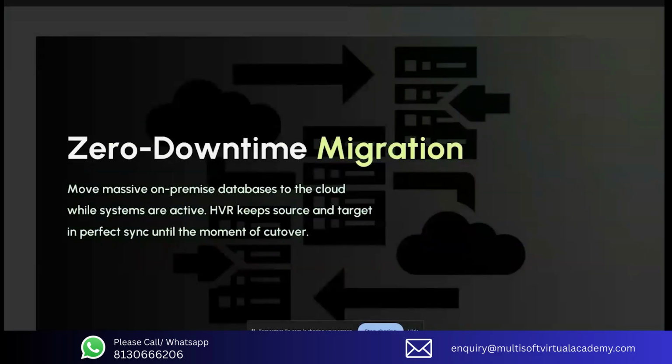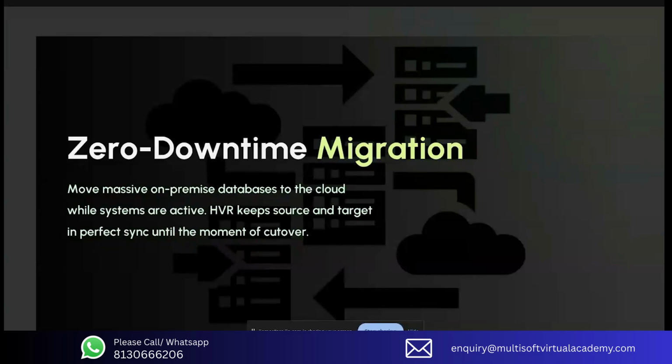Now this is zero downtime migration. What it says is, move massive on-premise databases to the cloud while systems are active, and HVR keeps your source and target in perfect sync until the moment of cutover. Imagine an enterprise is moving their massive on-premise database to a cloud infrastructure. They cannot afford to turn off their systems for, let's say, days or 24 hours, to copy the data.